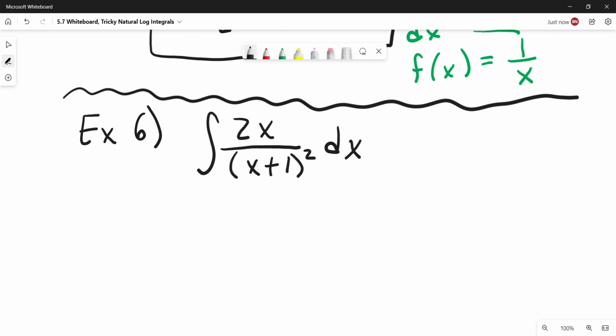No. If we made the whole denominator our inside function, the derivative of that would be 2 times the quantity x plus 1, which ends up being 2x plus 2, but 2x plus 2 is not a constant multiple of 2x. We cannot add 2 inside and subtract 2 outside.